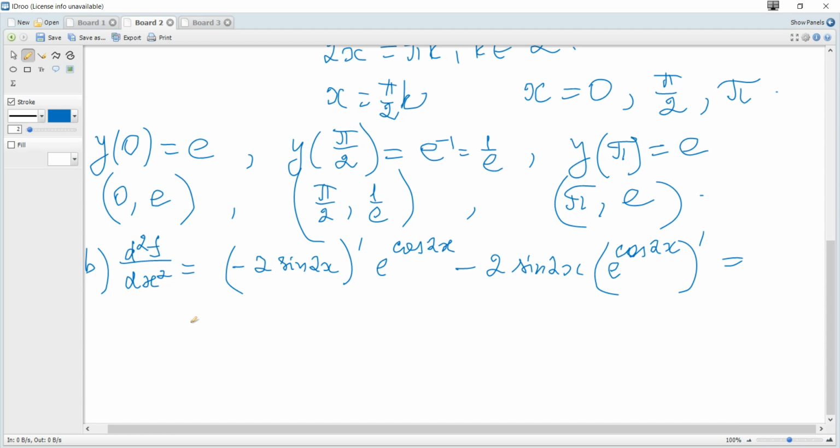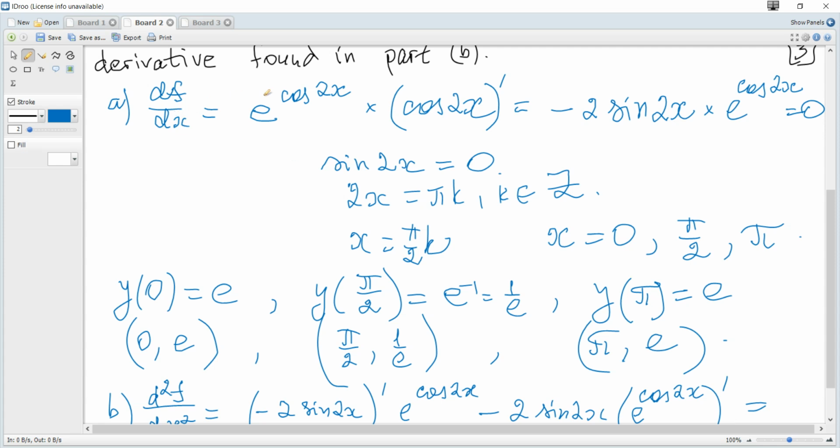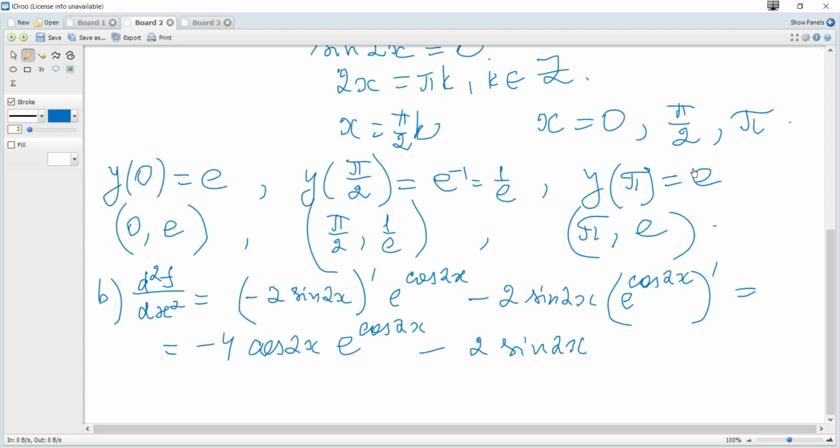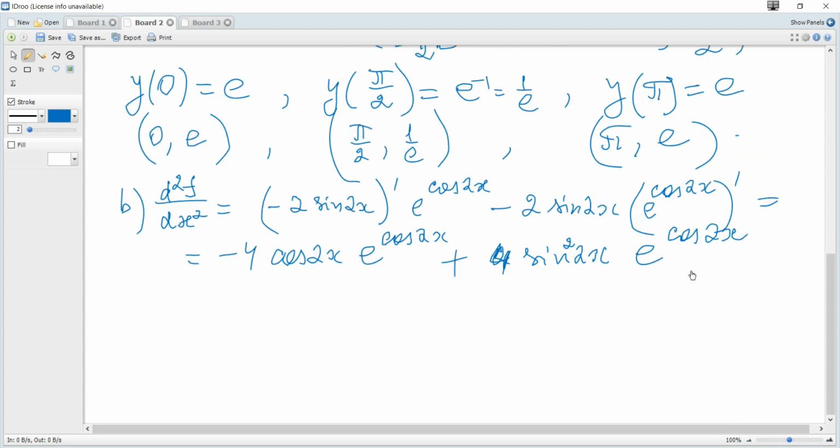The derivative of sine of 2x is cosine of 2x, and from the derivative of 2x a 2 arises, so it's negative 4 cosine of 2x times e to the power of cosine of 2x. And for the other term, the derivative of e to the power of cosine is actually this again, so it's negative 2 sine times negative 2 sine, so it's plus 4 sine squared of 2x times e to the power of cosine of 2x.